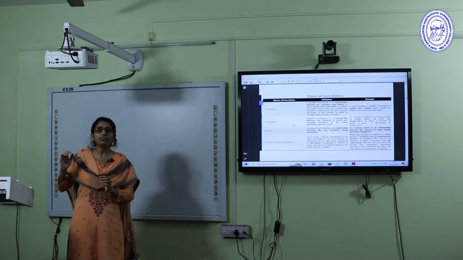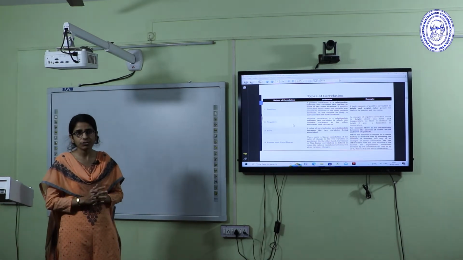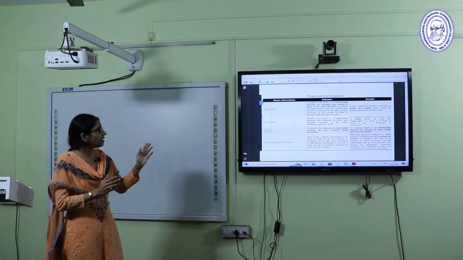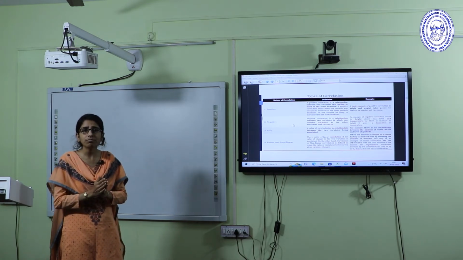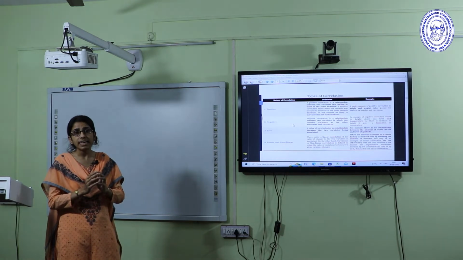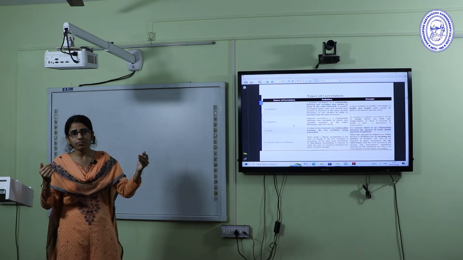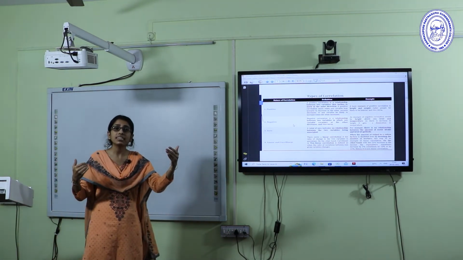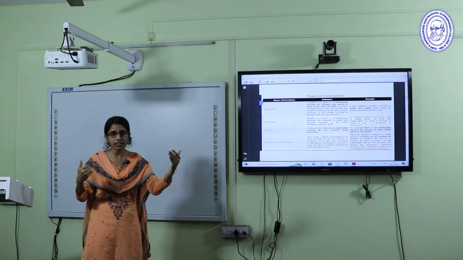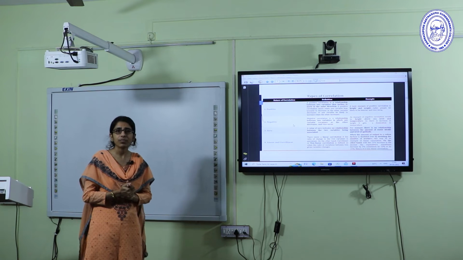Then we come to the second one, that is negative correlation. When the nature of correlation between two variables inclines towards the opposite direction, that means if one increases, then the other decreases, we call it negative correlation.